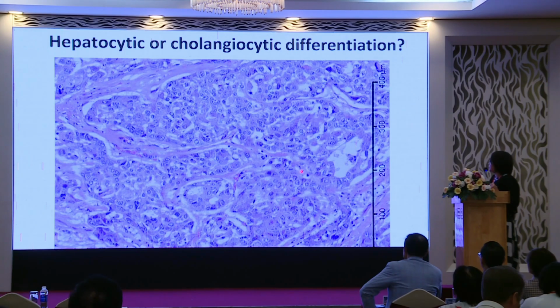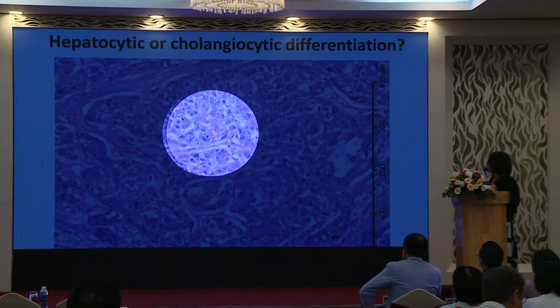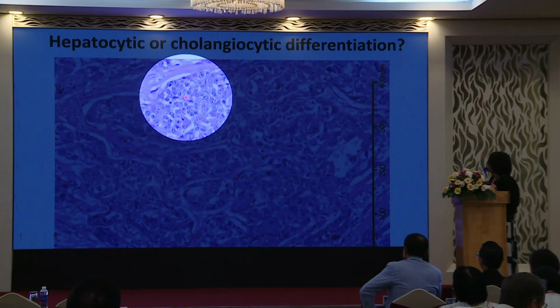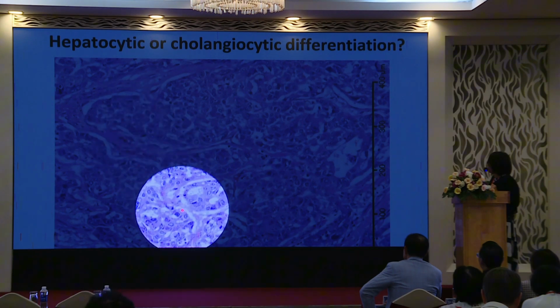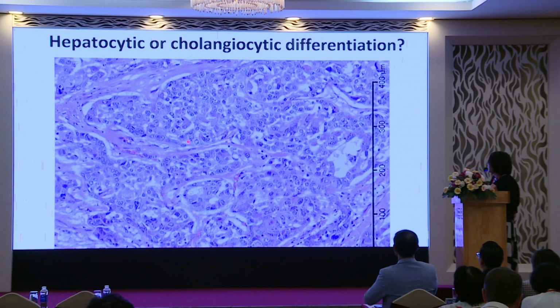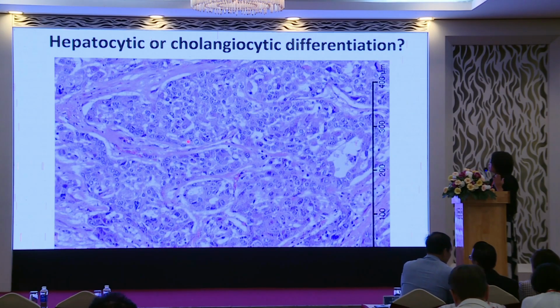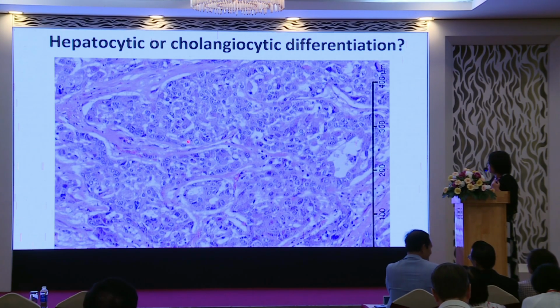But pathology is also a bit problematic, because we often see this type of tumor showing hepatocytic-like tumor cells presenting a solid growth pattern or even a granular structure associated with fibrosis. So we cannot really tell whether this tumor has more hepatocytic or cholangiocytic differentiation.